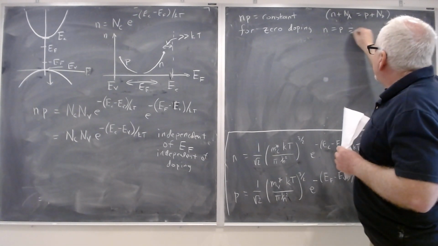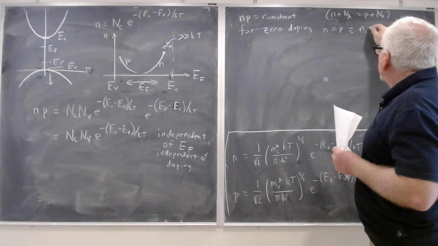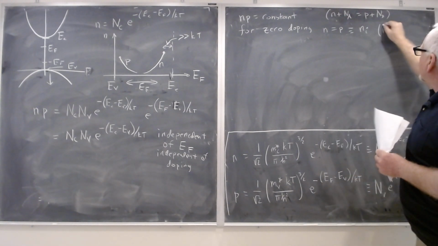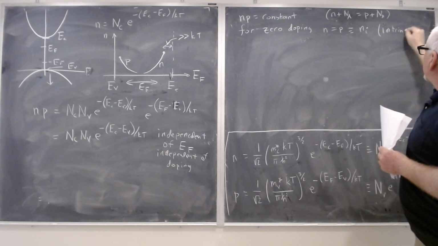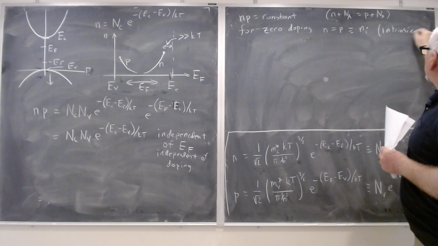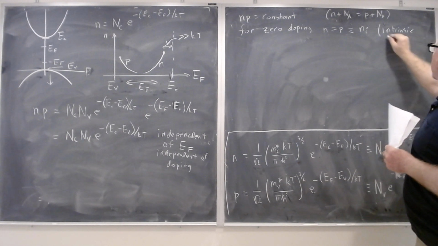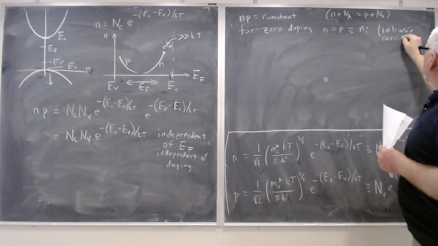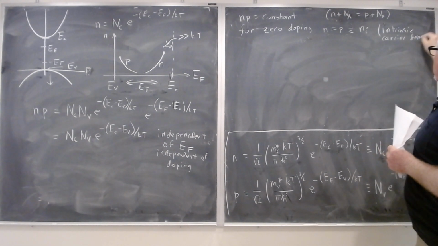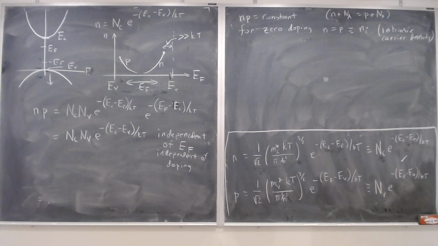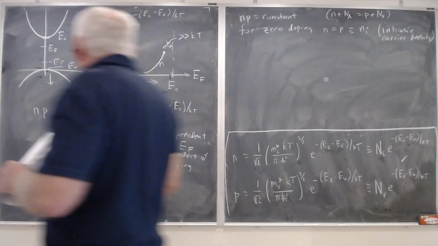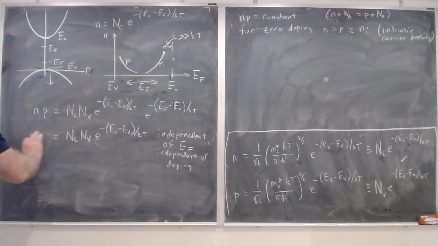And we define that as N sub I, the intrinsic carrier density. So here, NP is that.